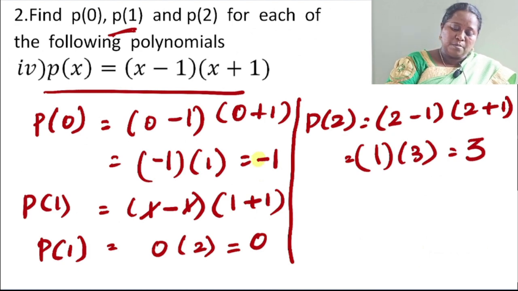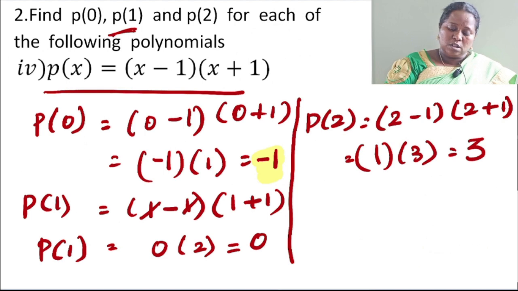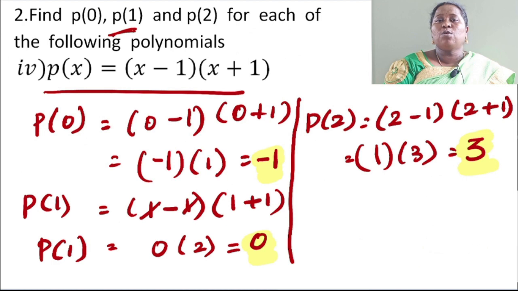The final answer is minus 1. Next I am going to find P of 1. When I substitute the value x as 1, I got 0 as the answer. The next is P of 2. Instead of x, if I substitute 2, then I will get the value 3. Like this way only we have to find the value of the polynomial for the particular number.